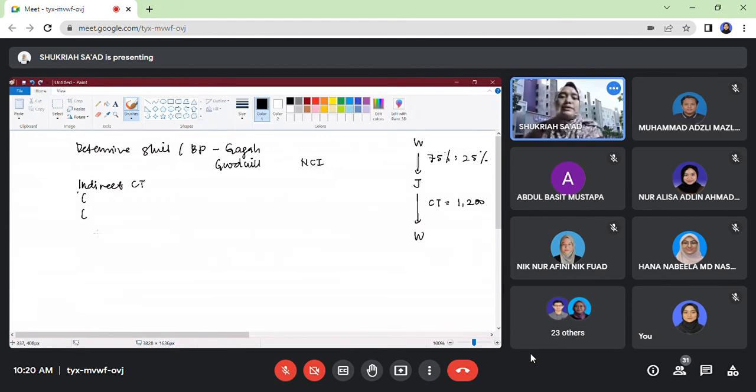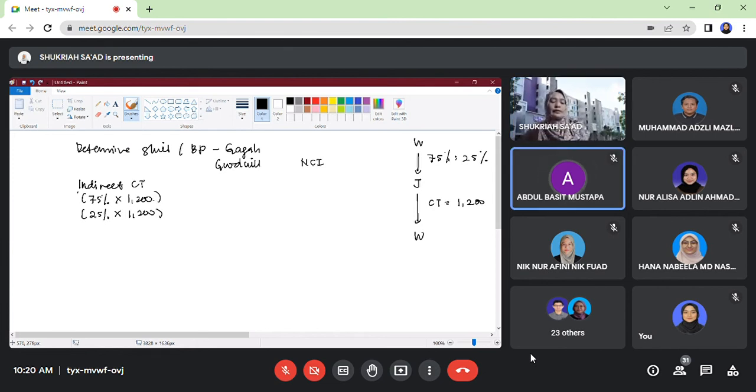So 75% times 1,200, I delete the last digit. What do we get? 75% times 1,200 is 900. In the goodwill column, 900. The 25% is NCI, so in the NCI column put it in brackets. So we are done with CT.